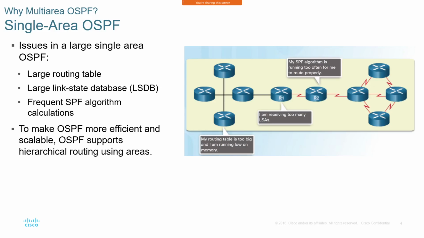To make OSPF more efficient and scalable, we are going to cut these areas down into separate areas so that OSPF operates at its best performance. If we cannot get away with large link state databases, how about separating the link state databases into different areas, different groups? This is exactly what multi-area OSPF allows us to do.